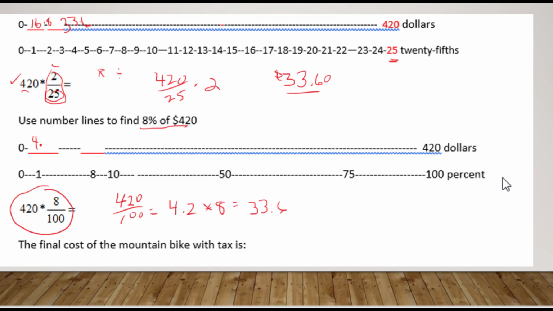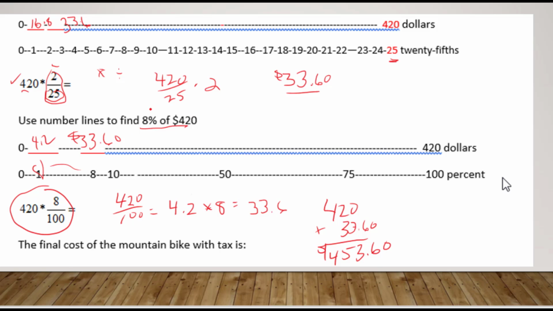So I get 4.2, that's 1%. And multiply it by 8, I get 8%. So it's $33.60. So the total bike would be 420 plus 33.60, which would be 453.60.